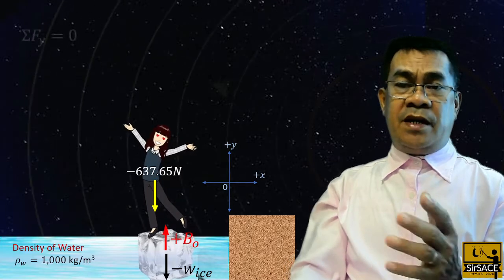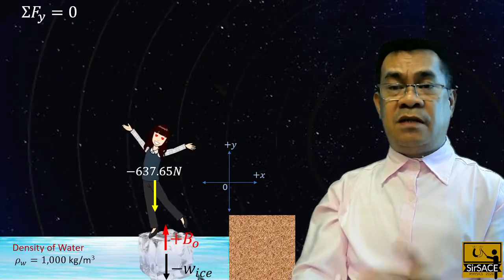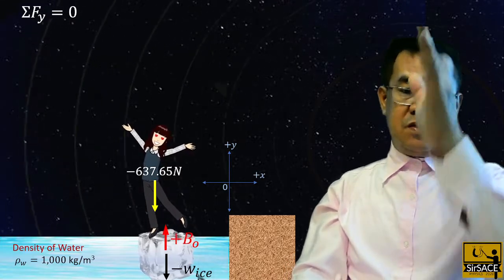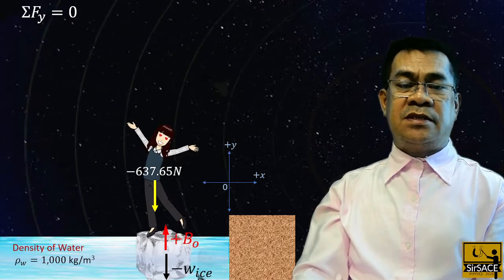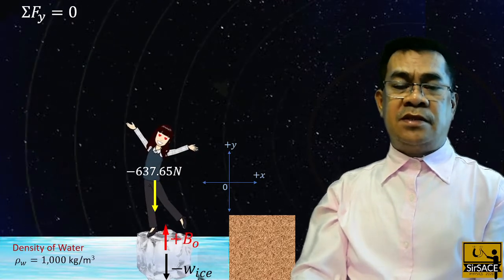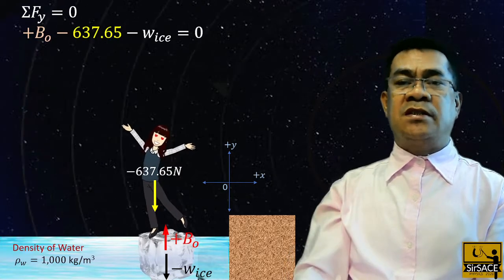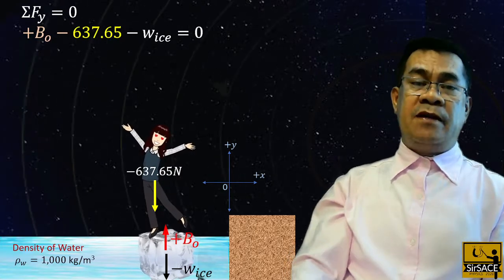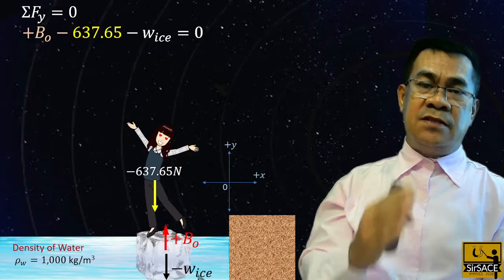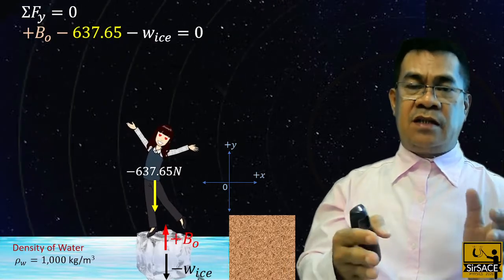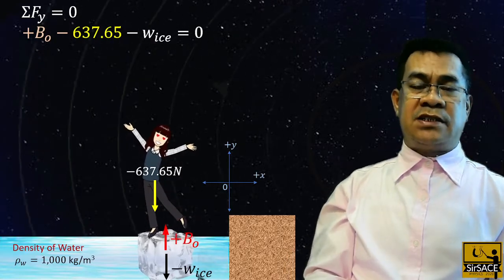Then apply the first law. The sum should be 0. Consider only the upward and downward forces. We have the buoyant force as positive, the weight of the woman 637.65, and the weight of the ice downward, negative. The sum should be 0 for static equilibrium, balance.